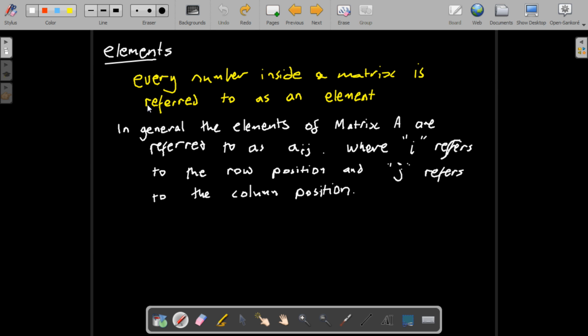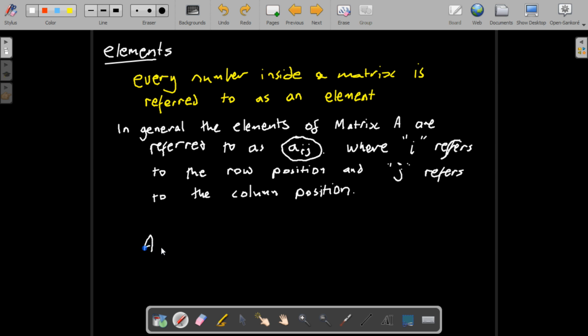Elements. Inside a matrix, every number is referred to as an element. In general, the elements of matrix A are referred to as a_ij.